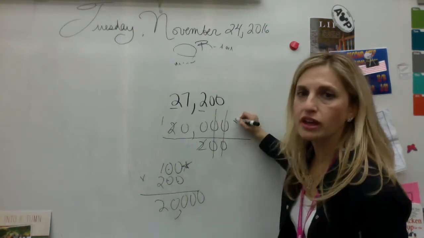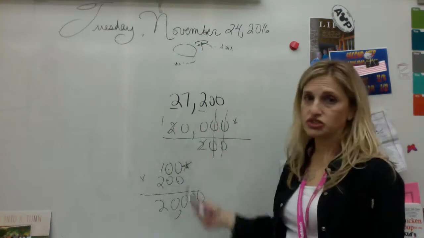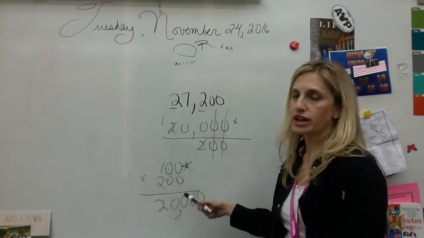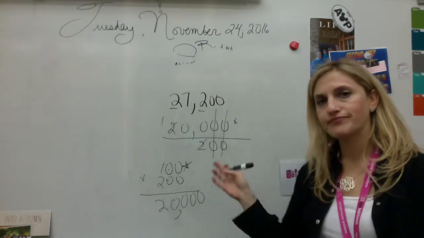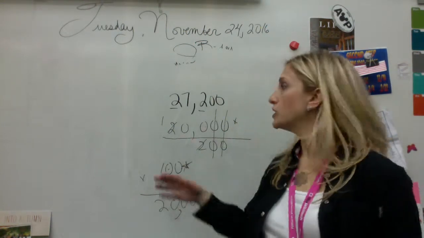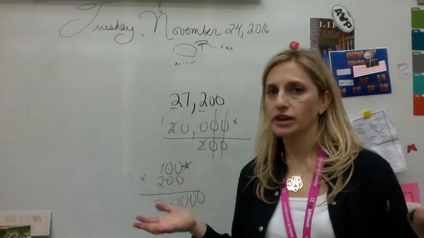And it should give me right back here. So the difference between these two 2's is 100. And how I checked it was 100 times 200 puts me right back at 20,000. So there is the difference between finding the place value of similar digits.